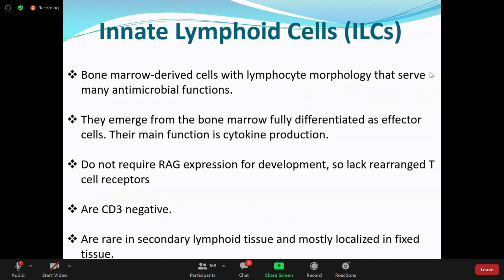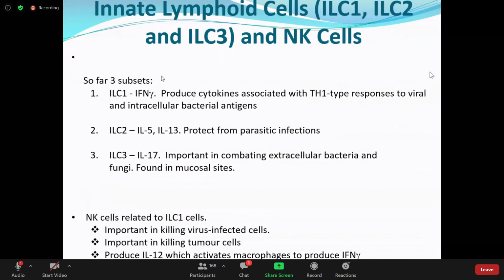And yet, the cytokines produced by each of these three subsets correspond to Th1, Th2, and Th17 responses. ILC1 is similar to the Th1 cells, producing interferon gamma, ILC2 produces IL-5 and 13, like Th2 subsets, and ILC3 produces IL-17, just like a Th17 cell.